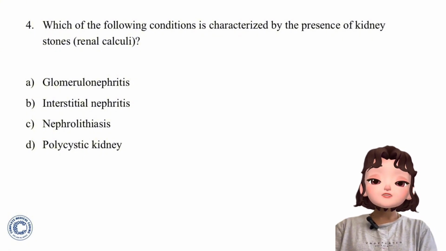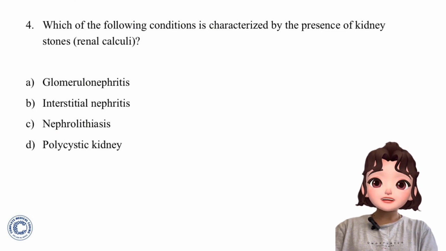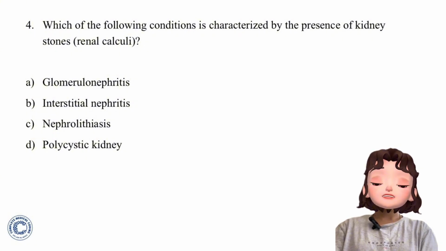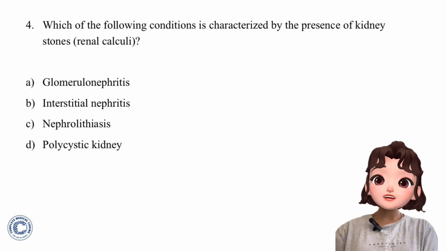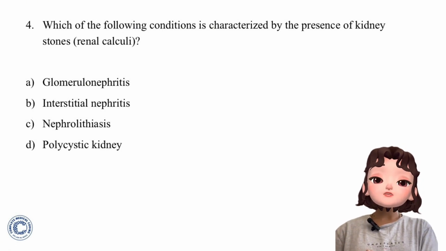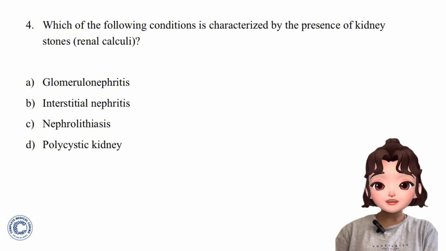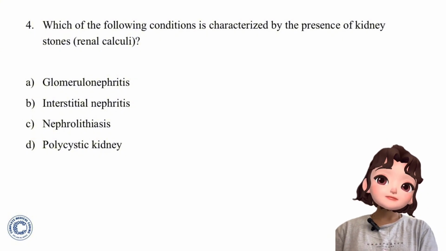Option A, glomerulonephritis. Option B, interstitial nephritis. Option C, nephrolithiasis. And option D, polycystic kidney. So which of these medical terms refers to the presence of kidney stones, or renal calculus?